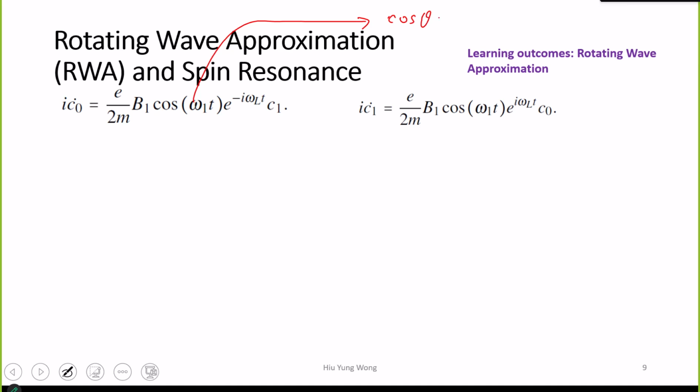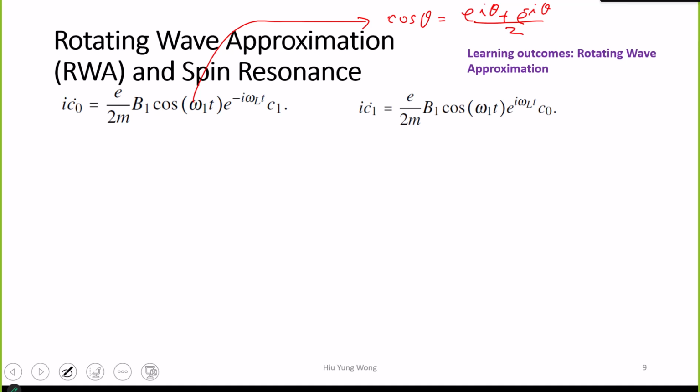Cosine theta equals e to the power i theta plus e to the power negative i theta, divided by 2. Okay, you can go back and substitute into the equation to prove this.